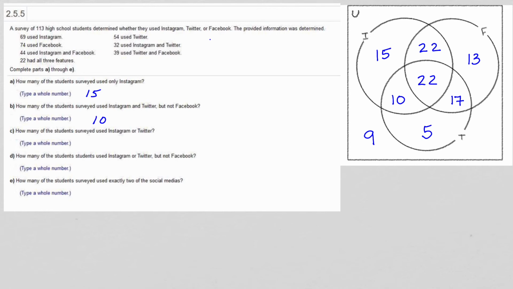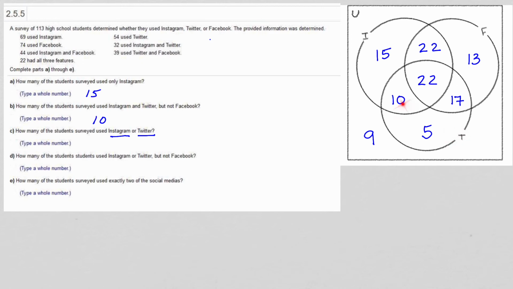Next, we have how many of the students surveyed used Instagram or Twitter. It doesn't say anything about Facebook. So that means they could use Facebook or they don't use Facebook, either way. So we just want to make sure they're inside the circle of Instagram and or inside the circle of Twitter. So either one. So I want everyone who's in the Instagram circle, everyone who's in the circle of Twitter. So I'm going to add those up.